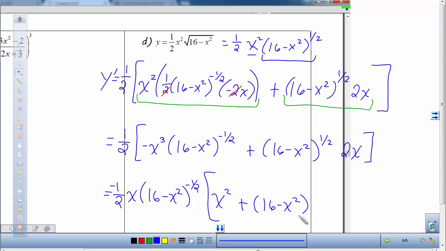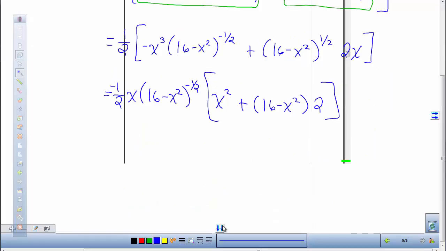And I still have over here what? A 2. It's different, but it's really efficient to factor that way, don't you think? I think it is. All right, so we clean this up. We got negative 1/2 x times, I don't have to write this too many times.